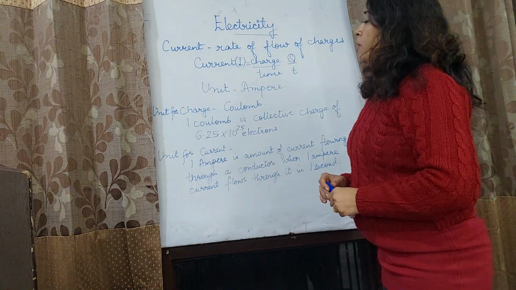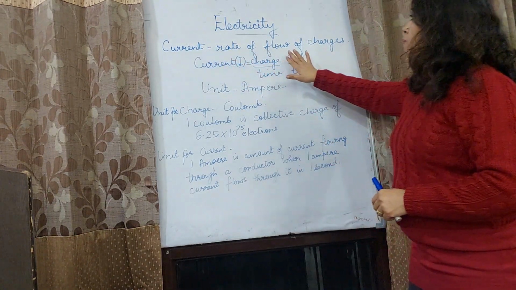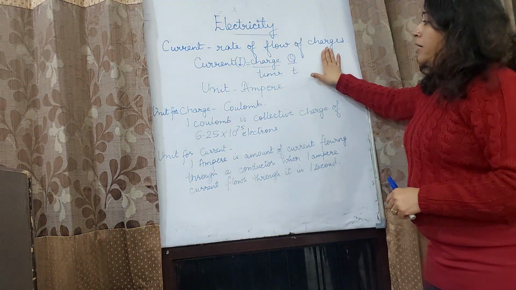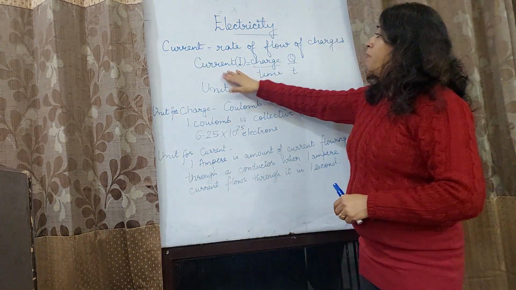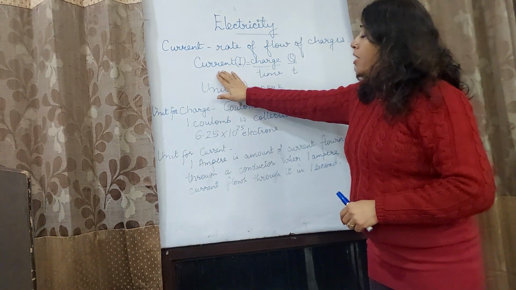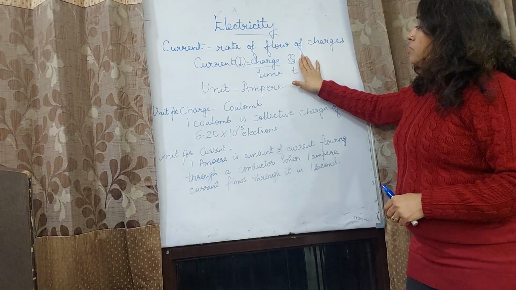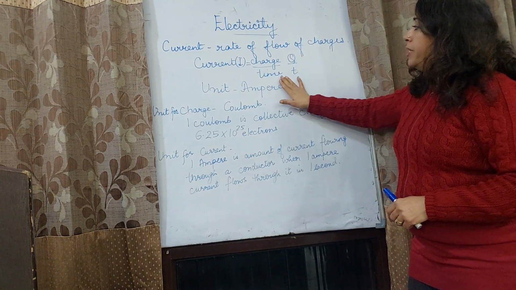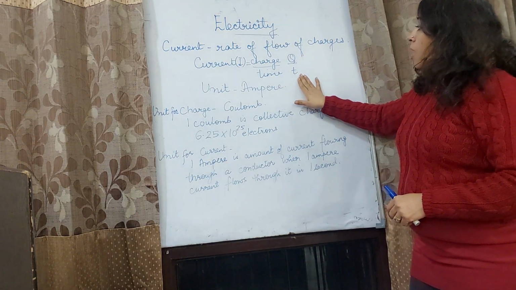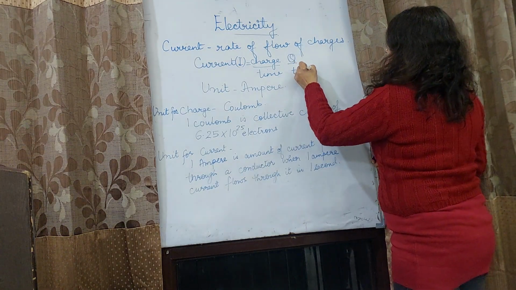Now when we talk about current, please understand current is the rate of flow of charges, and current is depicted by the letter I, and the formula for current would be charge upon time, where charge is depicted by Q and time by T, and T is represented in seconds.